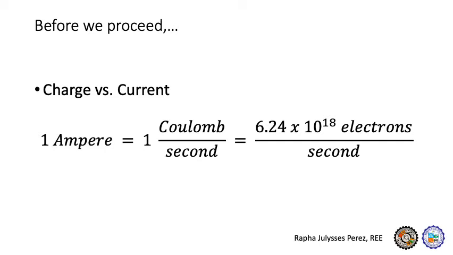I want you to familiarize yourselves with this equation because we cannot see electrons, but we can remember that 1 ampere is basically composed of 6.24 times 10 to the 18 electrons that flow within each second. So that's just about it.